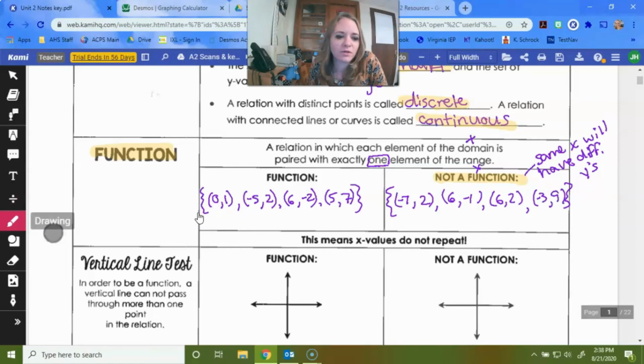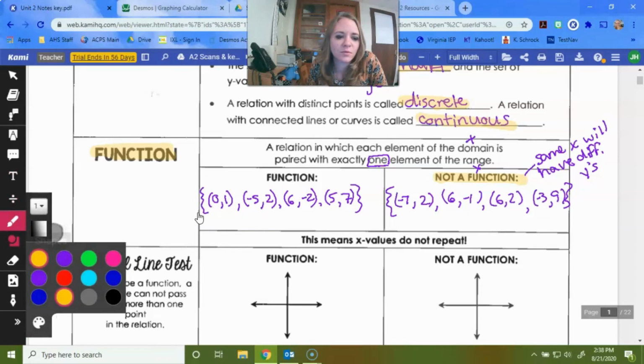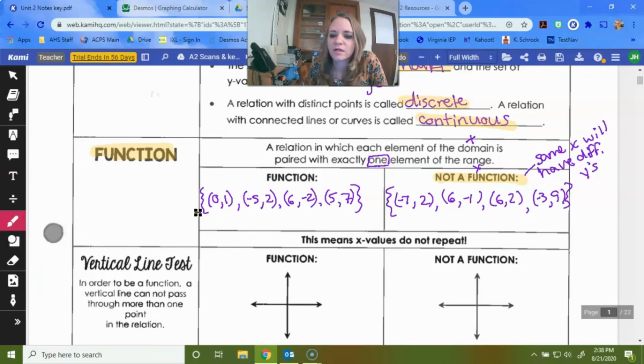Out of these coordinates, where's our mistake, or where is the deciding factor that we do not have a function? The same x will have different y's. Do we have the same x? Right here. We've got 6 and we've got 6, and they have different y's.